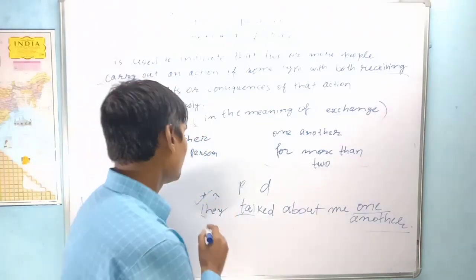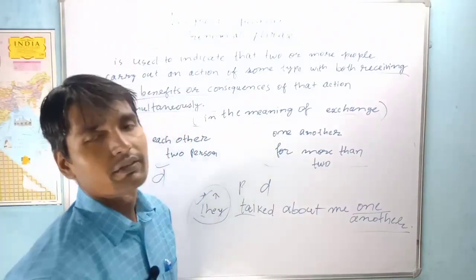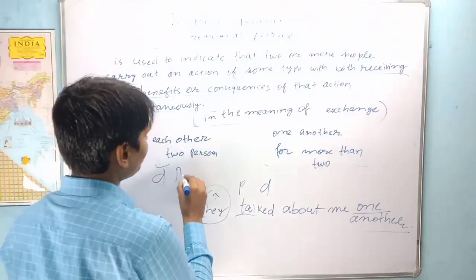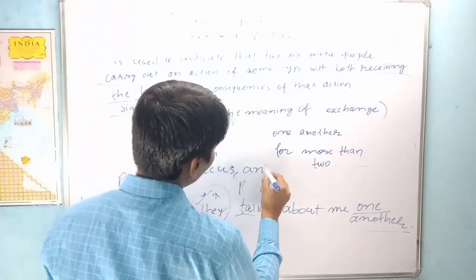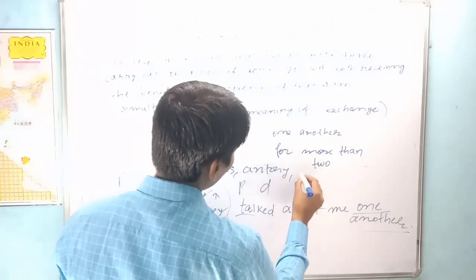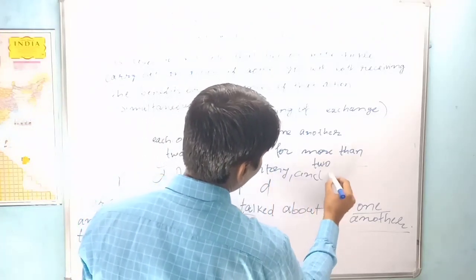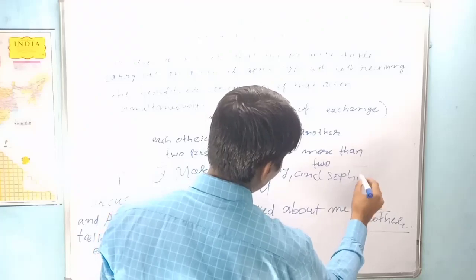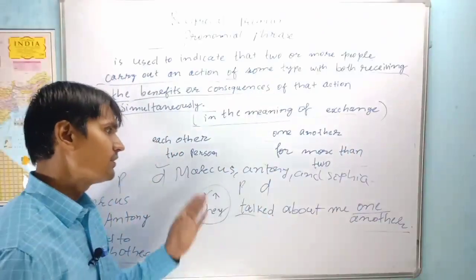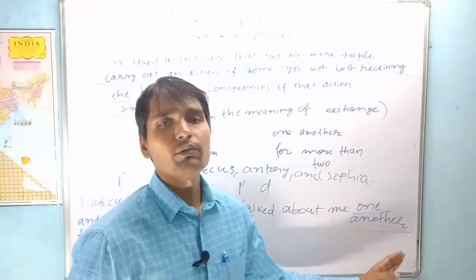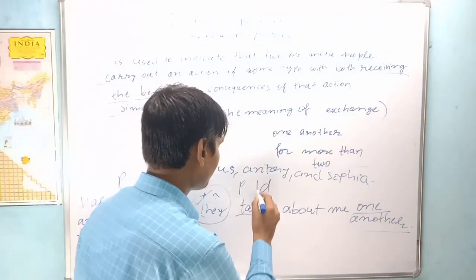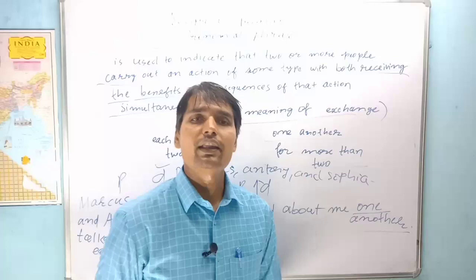So the pronoun has been shifted to they. If you write Marcus, Anthony, and Sophia talked about me one another, so what will happen? That they talked about me one another.